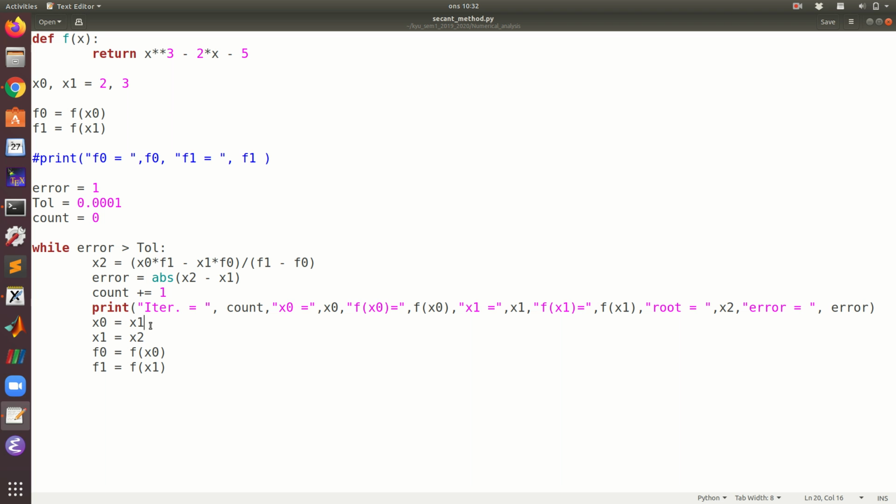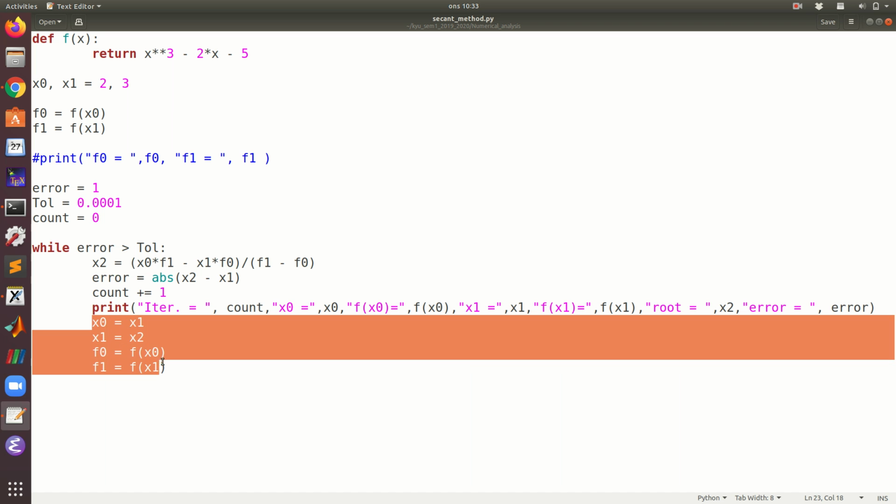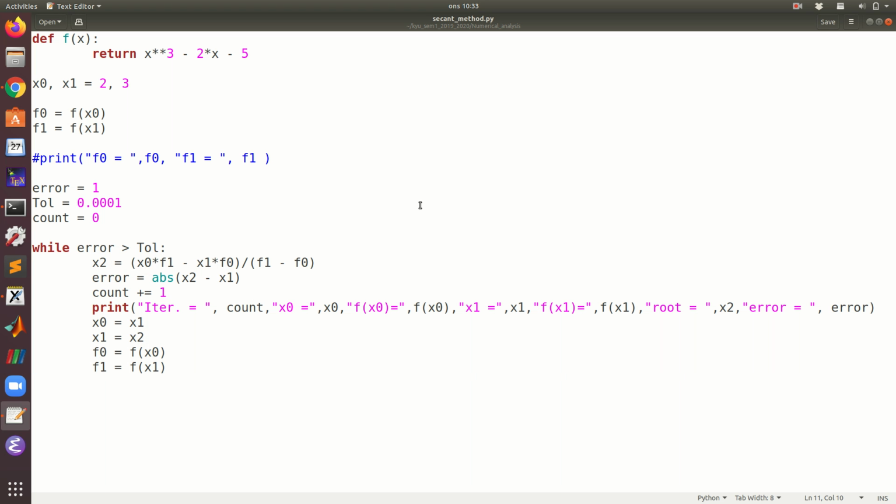X0 now becomes X1, so when I'm finding X3, the next one, we shall have here X1, and then we shall have here X2, and then this will be F2, and then this will be F1, in your head, but of course in writing here it does not change. So just get the logic of the update here and everything else will be okay.